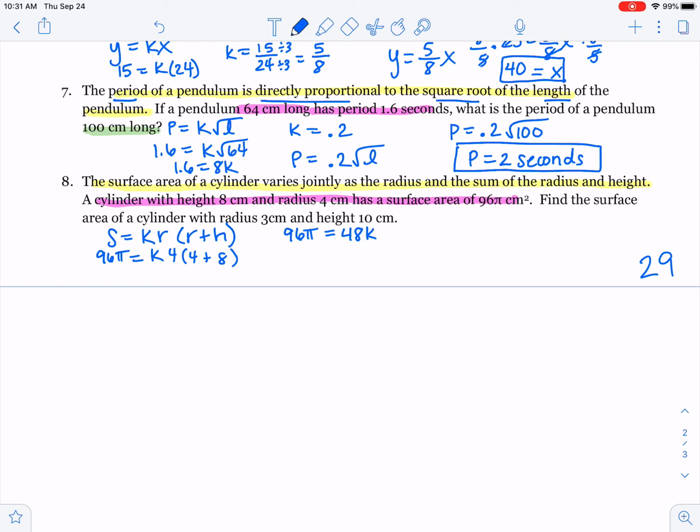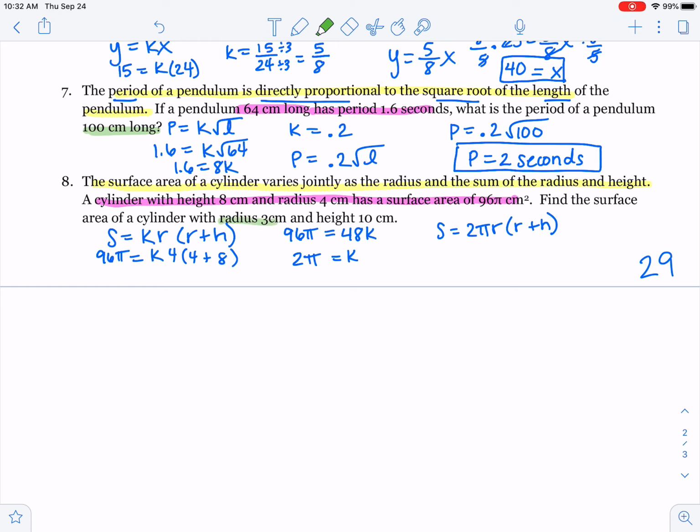So if I divide by 48, k is going to be 2 pi. So my equation is now, when I plug 2 pi in for k, my surface area is equal to 2 pi r times the quantity of r plus h.